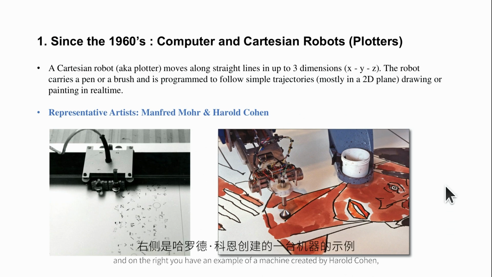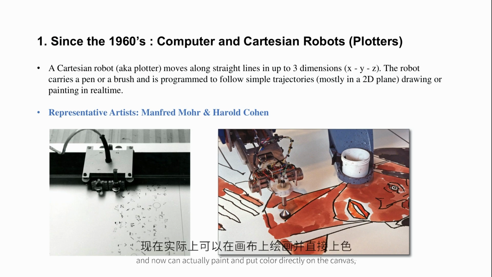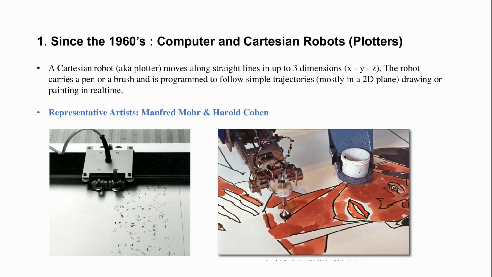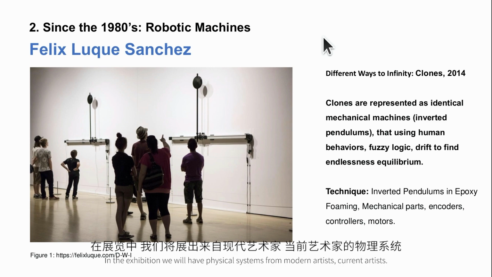And on the right, you have an example of a machine created by Harold Cohen called AARON, which here is from the 1980s, where the system has evolved and now can actually paint and put color directly on the canvas. And this canvas can be very large.